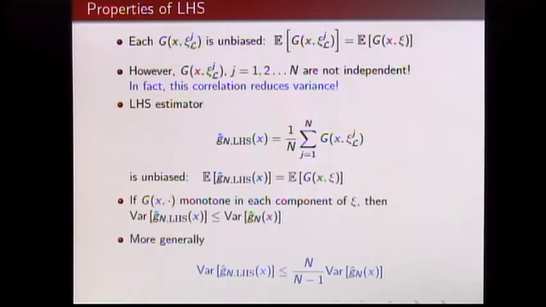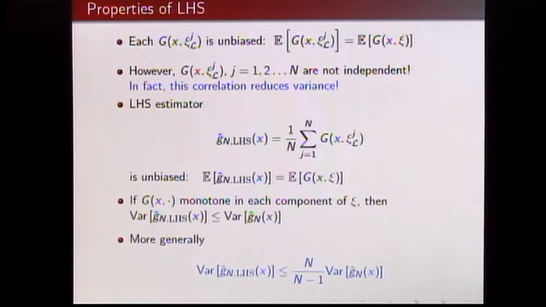There's a more general result, thanks to Owen. This result says, look, my variance of the Latin hypercube estimator is never worse than this quantity over here. This is, by the way, my standard Monte Carlo estimator. What is the variance of my standard Monte Carlo estimator? Do we remember? Just variance, not the standard deviation.